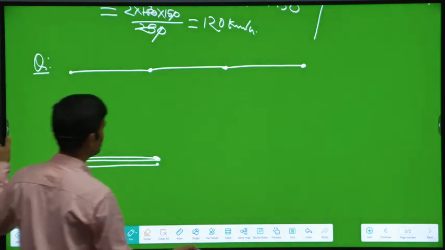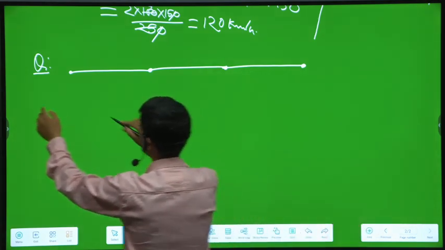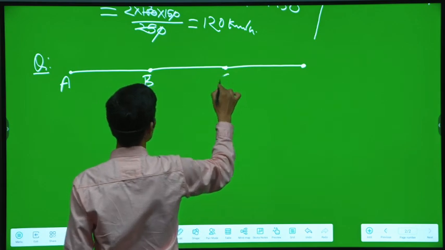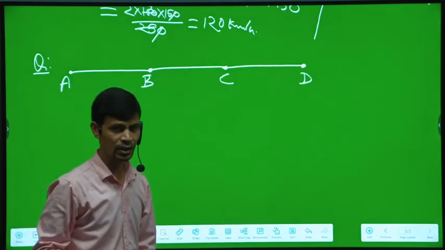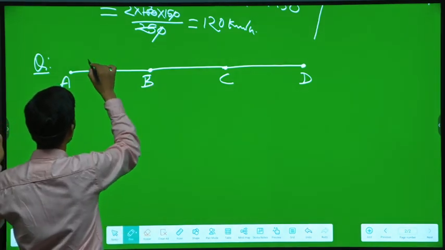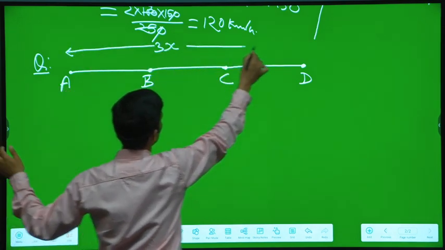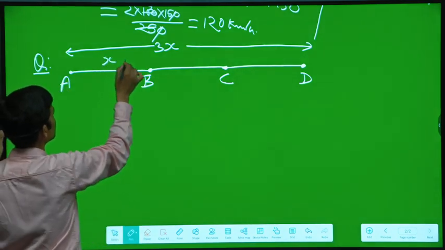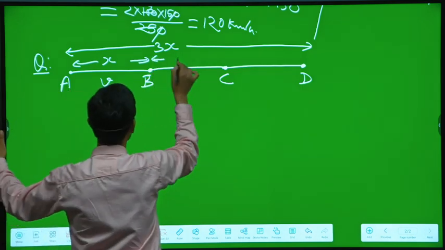Or you can imagine that the object has moved from A to B to C to D. The entire journey we will assume as 3x, so 1/3 of the journey means x, it has traveled with speed v1.